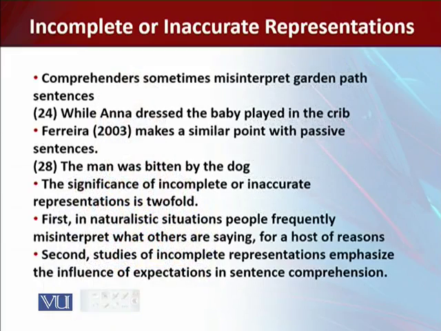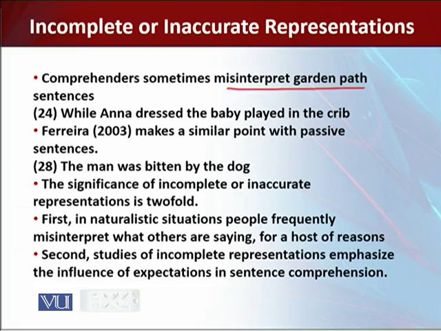Now we will discuss some of the points that are related to incomplete or inaccurate representation. As we have already discussed in the form of garden path and other processes that are involved in reading comprehension, comprehenders sometimes misinterpret garden path sentences because they seem to be grammatically correct, but they are temporarily ambiguous.